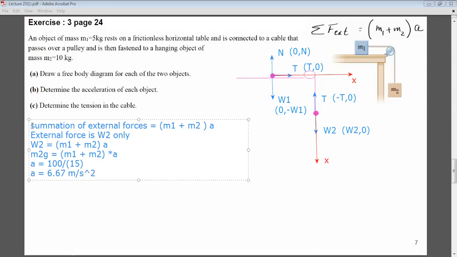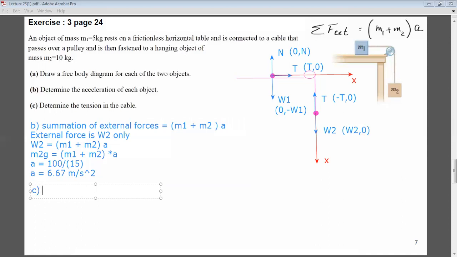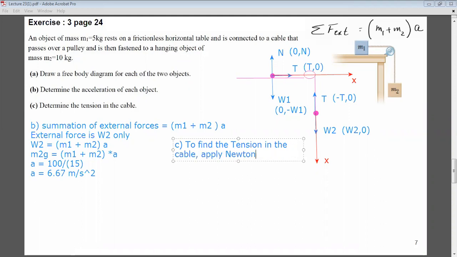Now, this is part B. To find part C, the tension in the cable, apply Newton's second law on one object only.